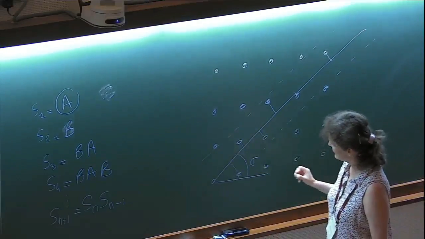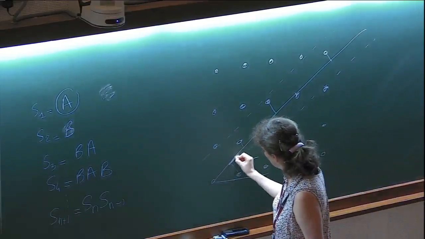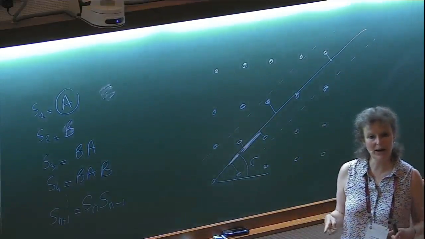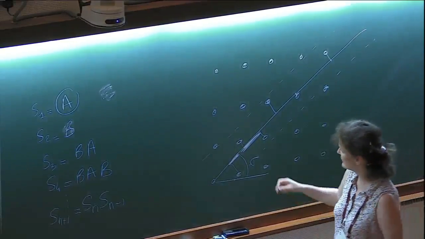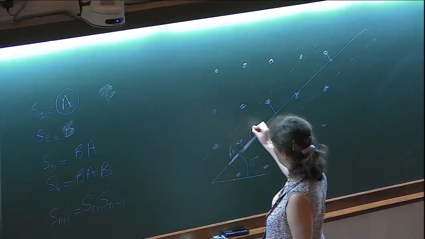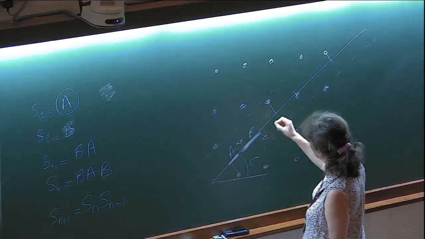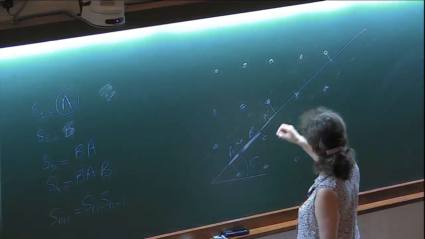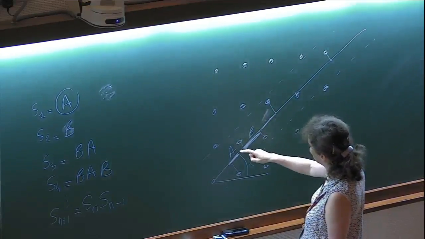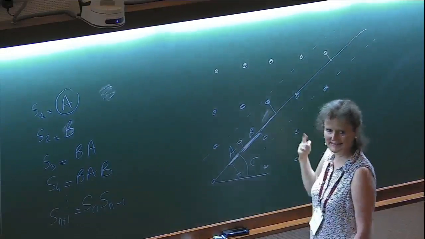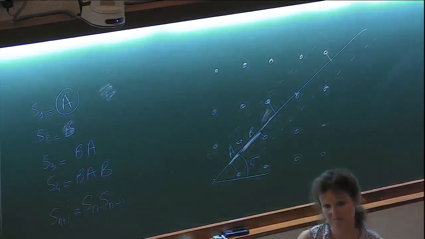And what you can show is that there are only two values of the distance between two adjacent points, which we call A and B. And then you get a sequence of A, B, and so on. My drawing is not correct, but this is also a Fibonacci sequence.